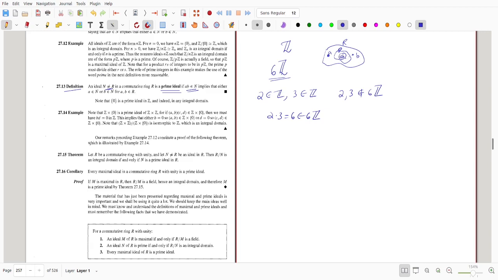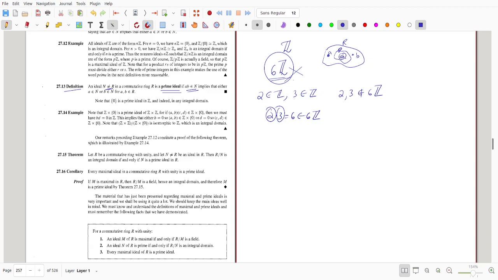This will not be possible in prime ideals. That means 6Z is not a prime ideal, because outside 6Z there are two elements 2 and 3. When we multiply those two elements, the resultant product is a member of 6Z. So this is not a prime ideal.